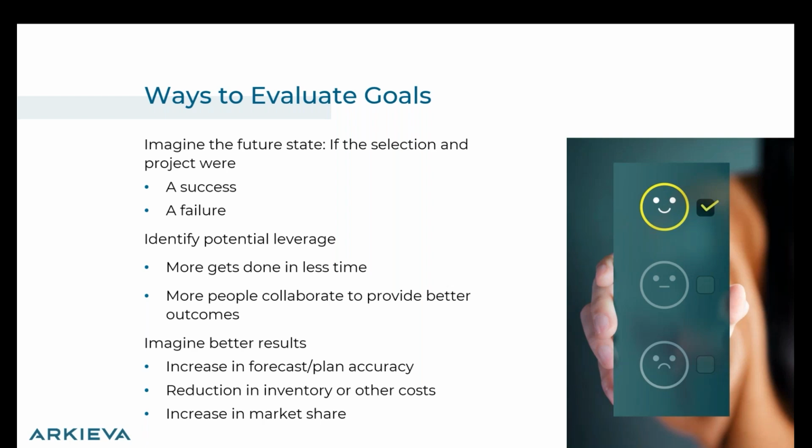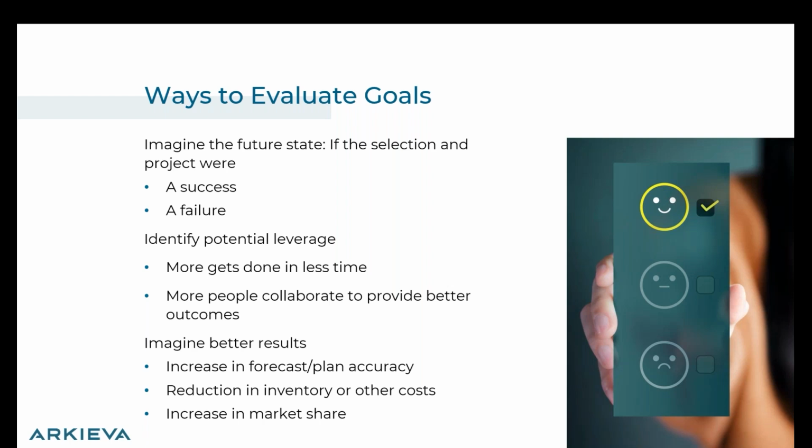And last but not the least, we have to imagine results. We have to think in terms of the business output. So we can say, okay, if we do this project, maybe we'll get better plans. So what does that mean? That could mean in the demand planning project an increase in forecast accuracy. Similarly, I might say if I have better demand plan or better supply plan, I may see a reduction in inventory or maybe some other supply chain costs.